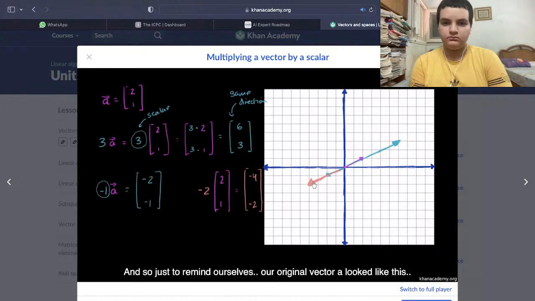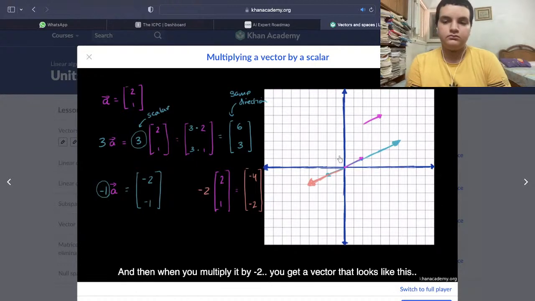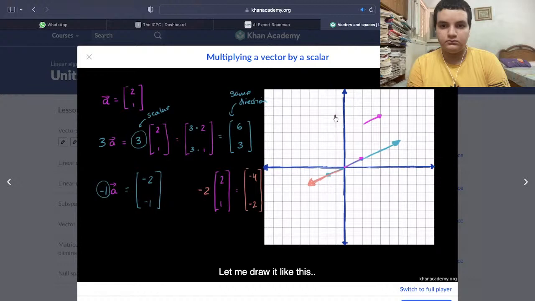And just to remind ourselves, our original vector A, (2, 1), looks like this. And then when you multiply it by -2, you get a vector that looks like this. I'm purposely not having them all start at the origin because they don't have to.